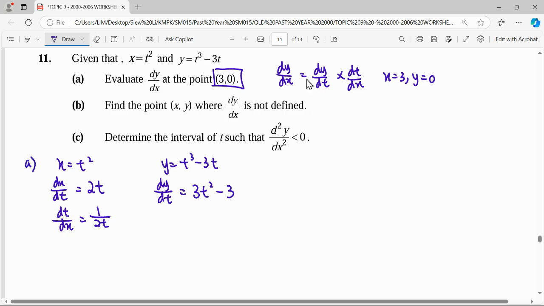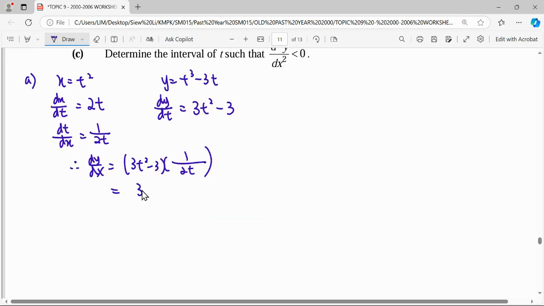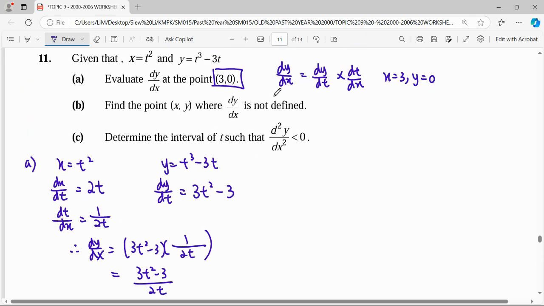So therefore, we can substitute into our dy/dx, which is our dy/dt times dt/dx.